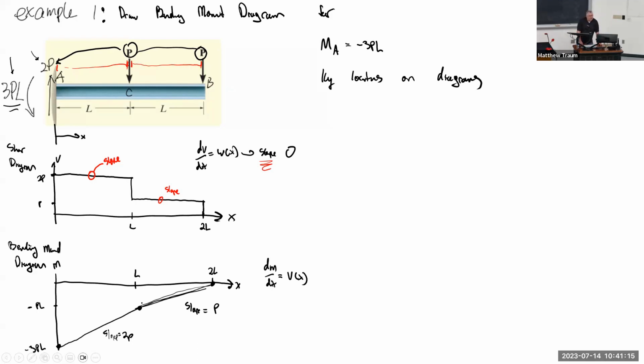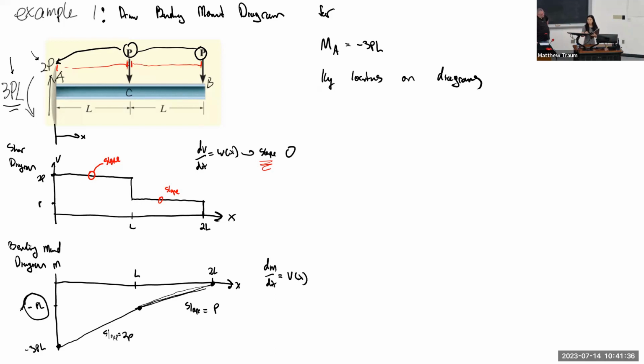So slope is one thing, and remember the second part of the conceptual part. It's not just figuring out the slope. We also need to figure out why this is a negative PL here. In the exam and the homework, you need to give the value here.